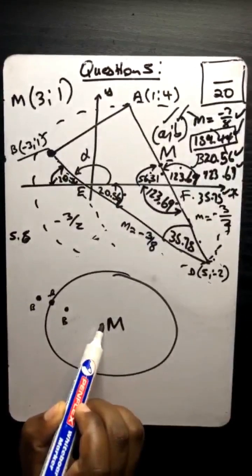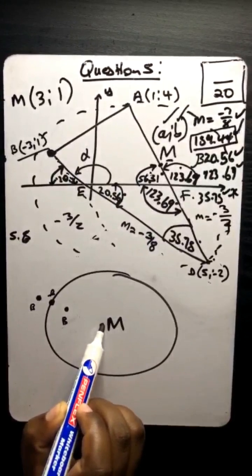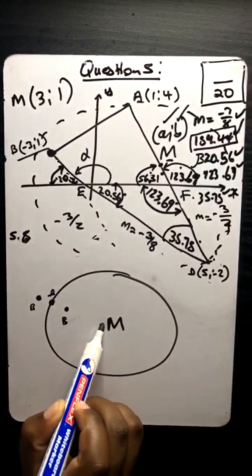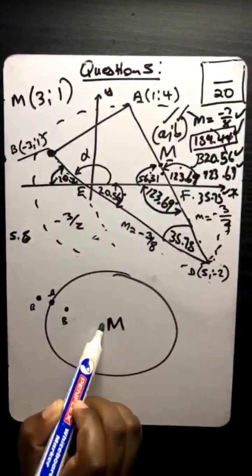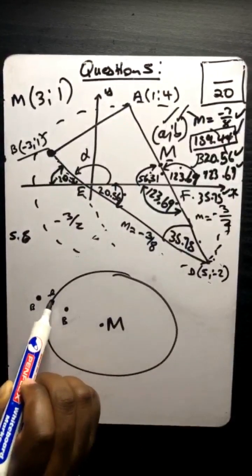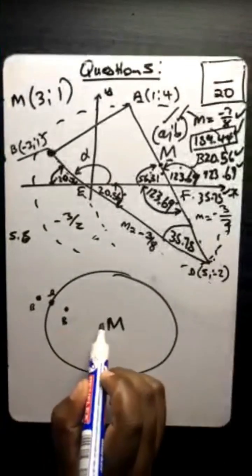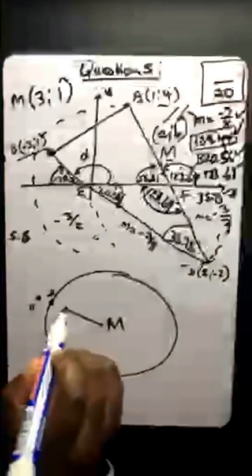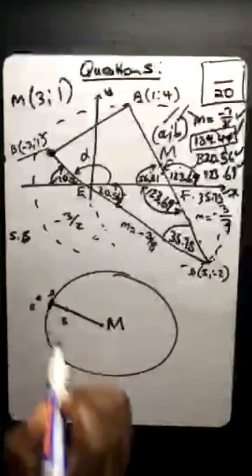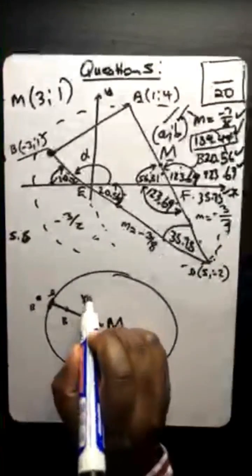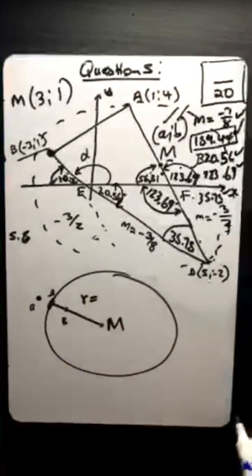Remember from here, the center to the circumference is your radius. Yes, from here to there, to the circumference is your radius. Do we know what our radius is?